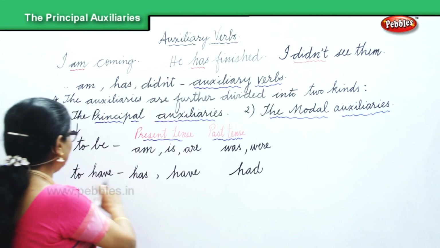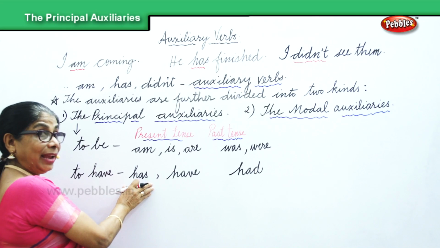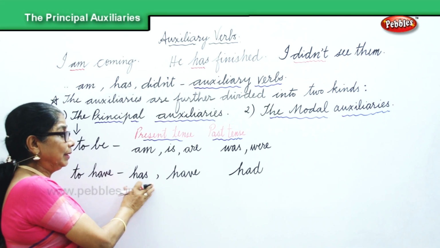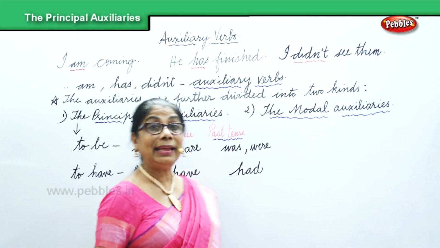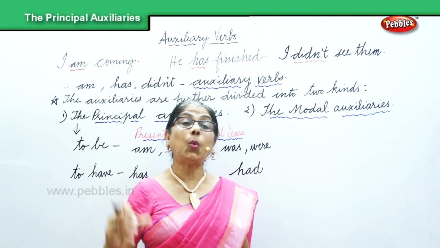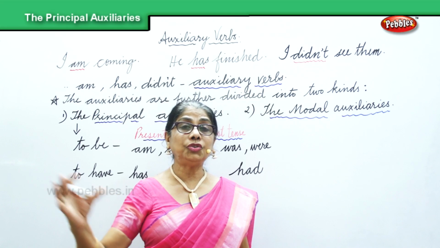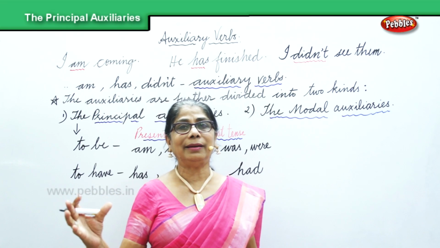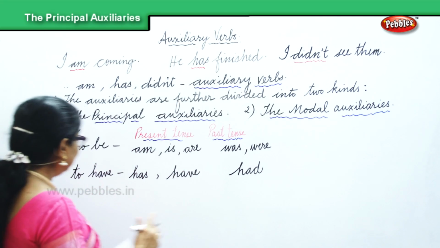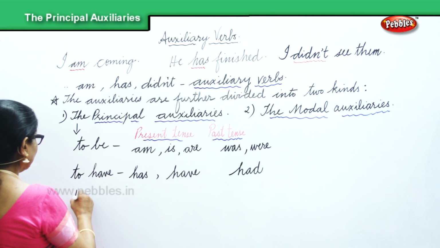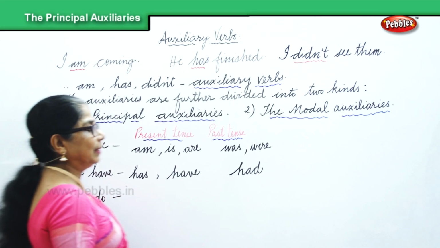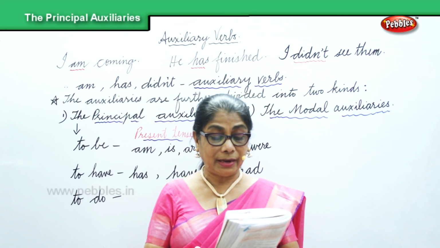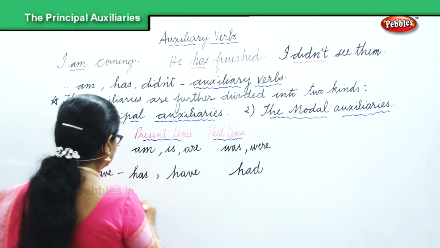When you talk about to have something, she has 10 puppies. They have 2 houses. And you say they had 1 orchard or 1 vehicle. Now, in to do, when you talk about to do, in the present tense, the verbs we have are do and does.